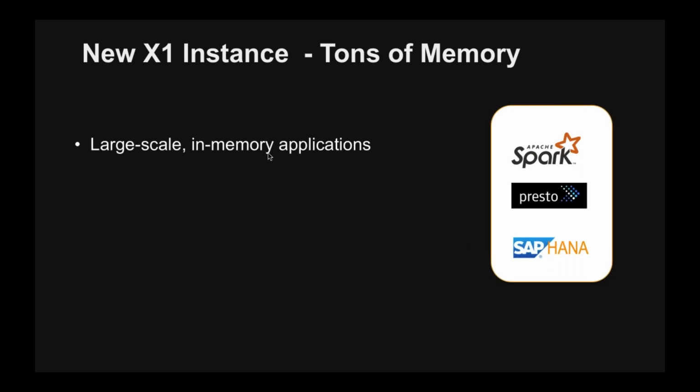So if you look at some of the applications that are good for it, we've talked a lot today about Apache Spark. We've also talked about Presto, but also SAP HANA. We see that as a target for the X1 too, where you need that big memory footprint. And HANA is a great example of that kind of serving layer where you're able to give your users very fast response time.